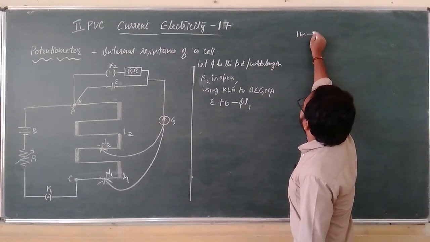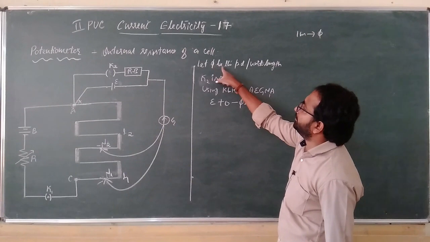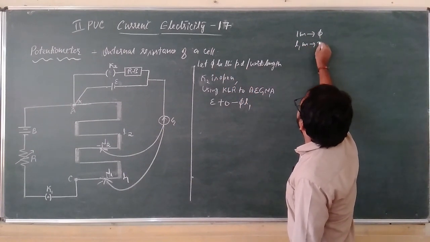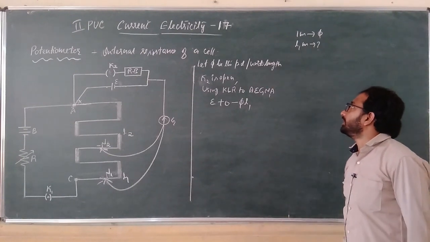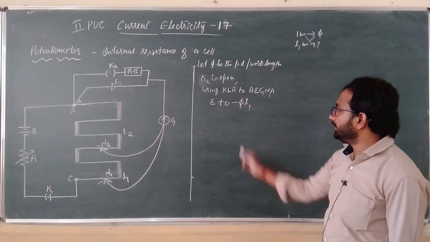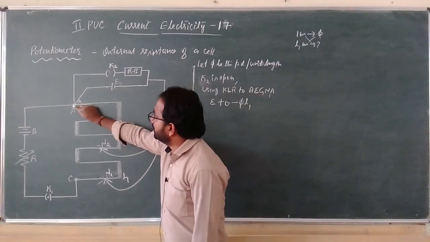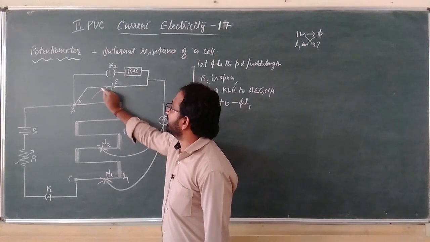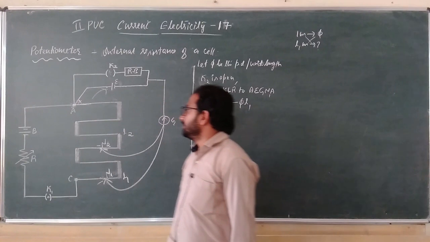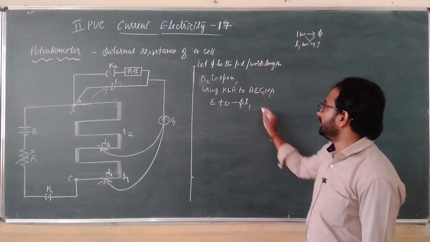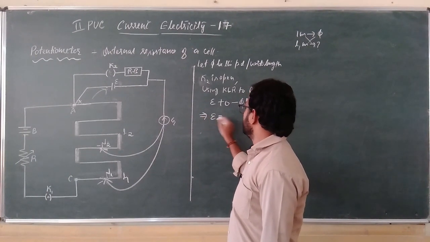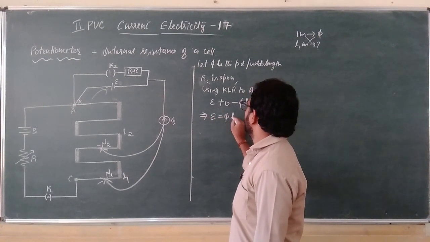Because phi is the potential drop per unit length, that is, for 1 meter. So for a length of L1 meter, by cross multiplication, the drop is phi into L1. It is negative because the direction of traverse is clockwise, so the drop is minus phi L1, which equals 0. Therefore E is equal to phi into L1.